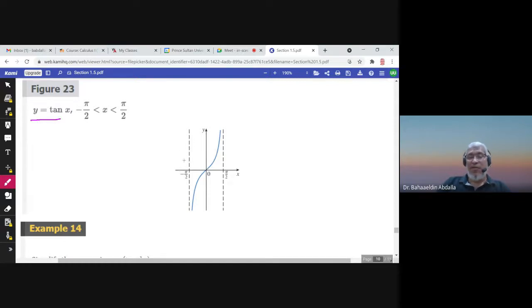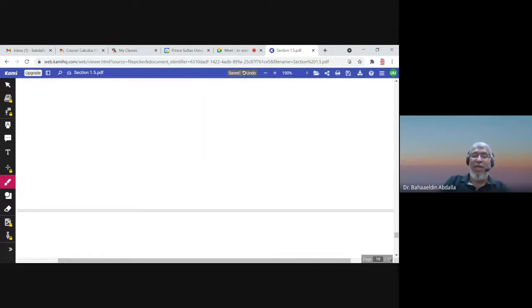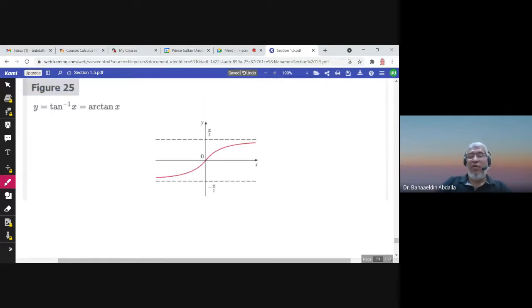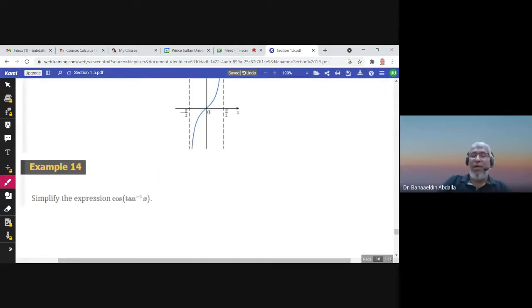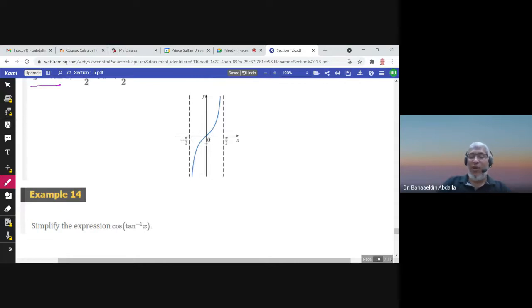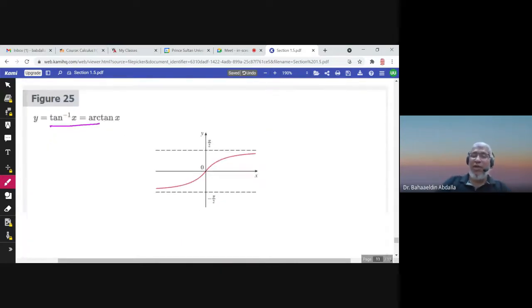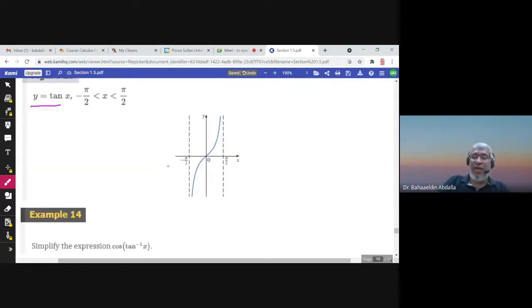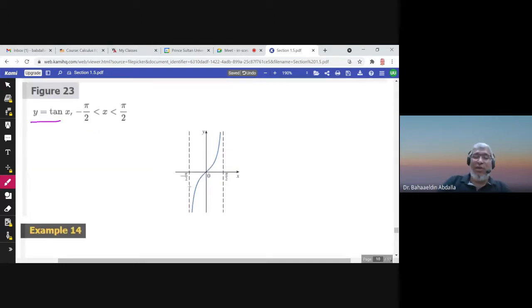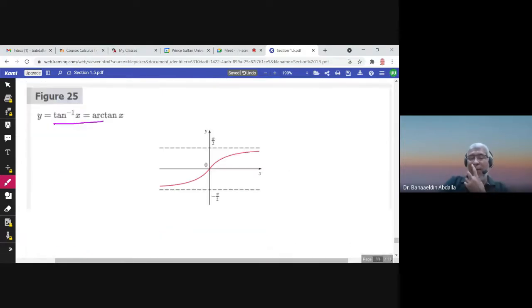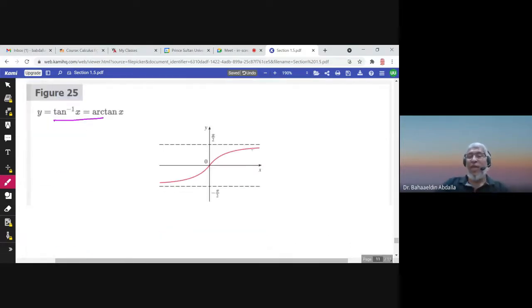This is the graph of tan between -pi/2 to pi/2, and this would be the graph of tan inverse. Notice that the domain here from -pi/2 to pi/2 would be the range, and the range of tan, all real numbers, would be the domain of tan inverse.